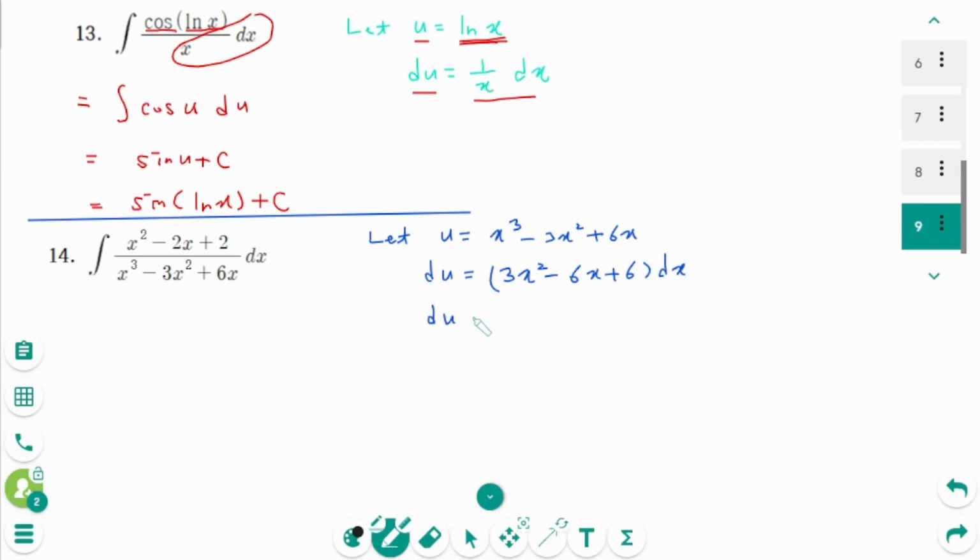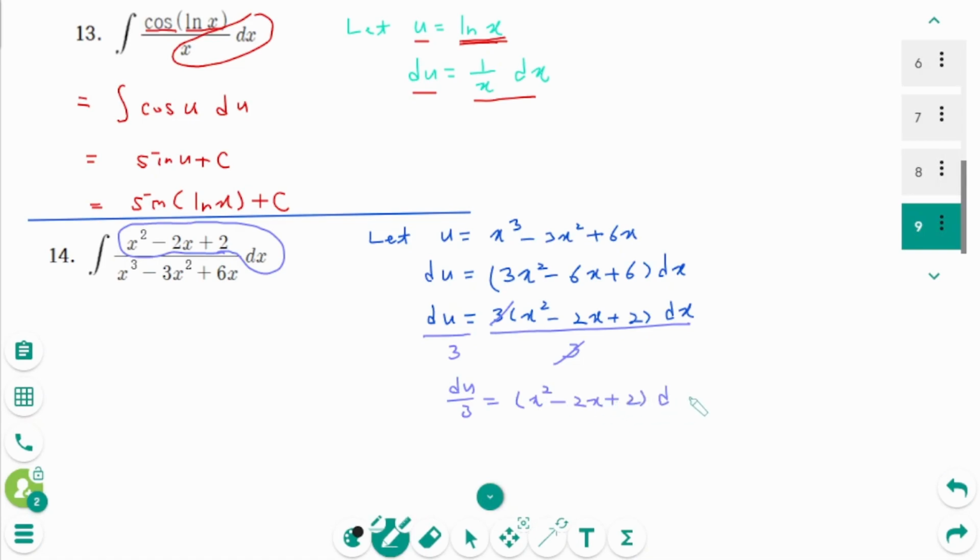Then du equals, take out the common factor, which is 3, x squared minus 2x plus 2 dx. There is only x squared minus 2x plus 2 dx. Then divide by 3 on each side. Du over 3 equals, cancelled, x squared minus 2x plus 2 dx.